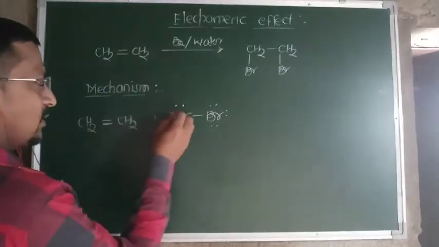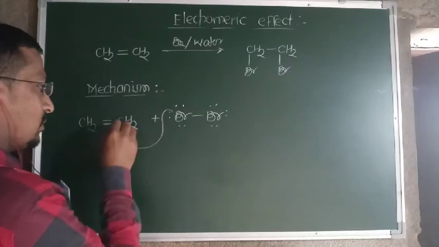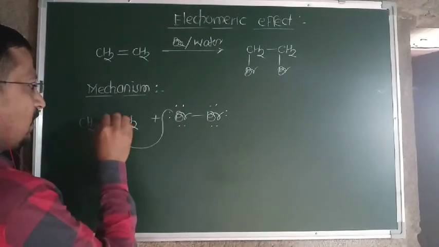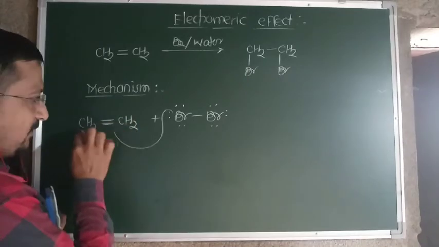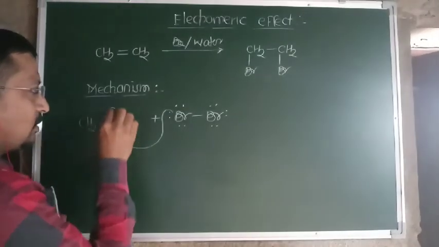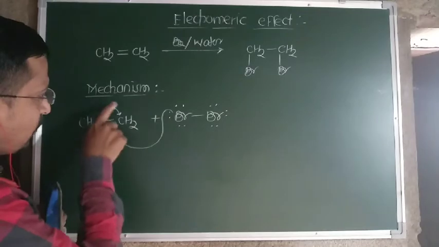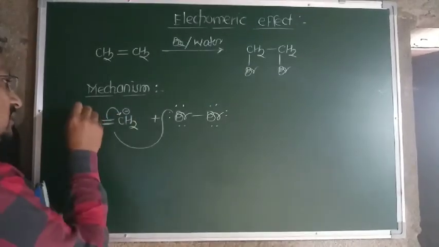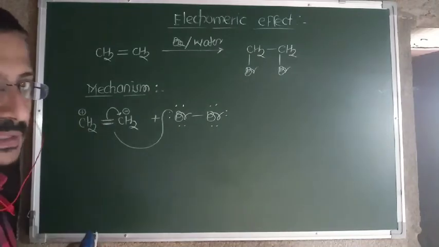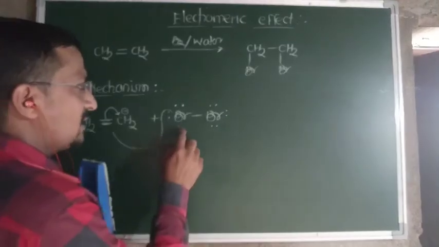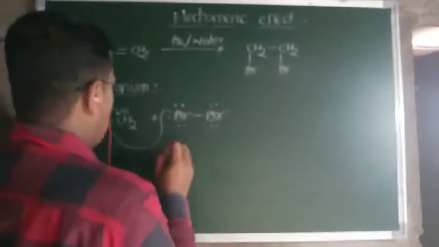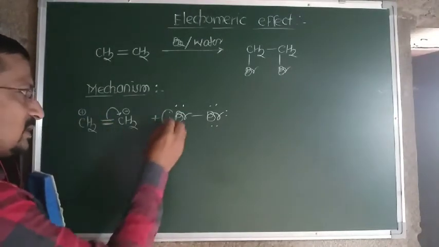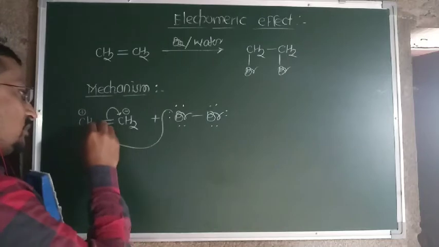And due to this, when bromine attacks the pi bond, what happens? Suppose the pi bond between carbon and carbon is shifted onto this carbon atom. As the pi bond shifts onto this carbon atom, it creates a negative charge on it and ultimately a positive charge on the other carbon atom. At the same time, this bromine, which becomes partially positive, attacks the positively charged carbon atom.